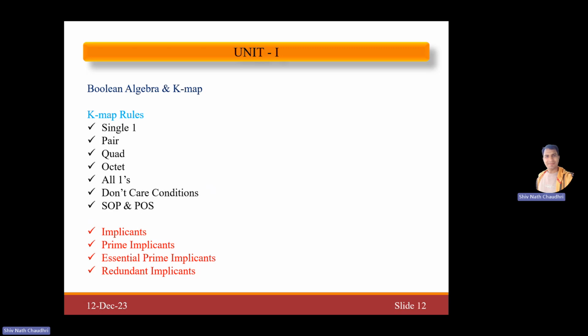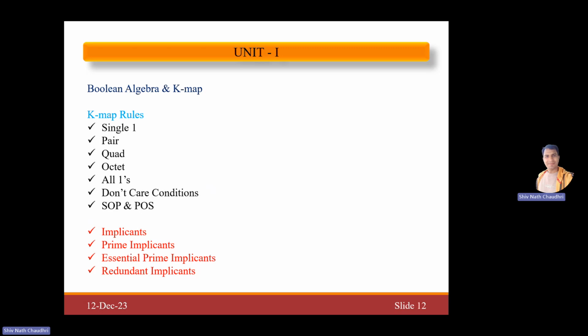For essential prime implicants, after making pairs, quads or octets, if some pair, quad or octet has at least one one which is not covered by any other group, then it is called an essential prime implicant. Sometimes a student might take two pairs where it is possible to make a quad. In this case you get some redundant terms, and those are called redundant implicants.